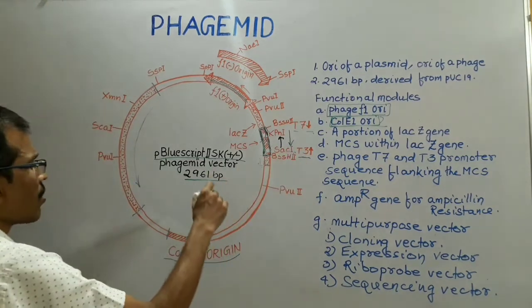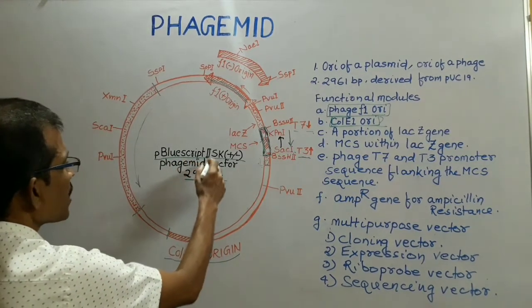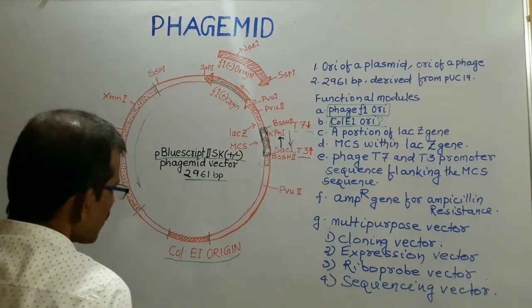Such a Phagemid will be called pBluescript KS plus and minus.